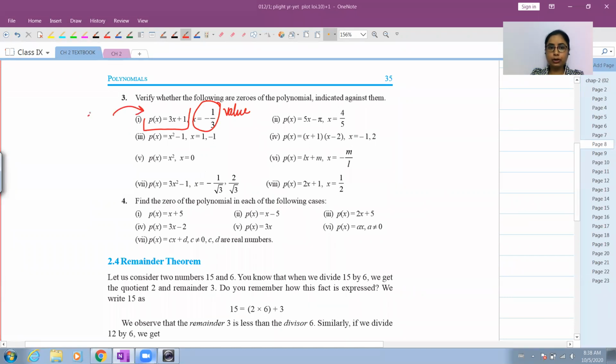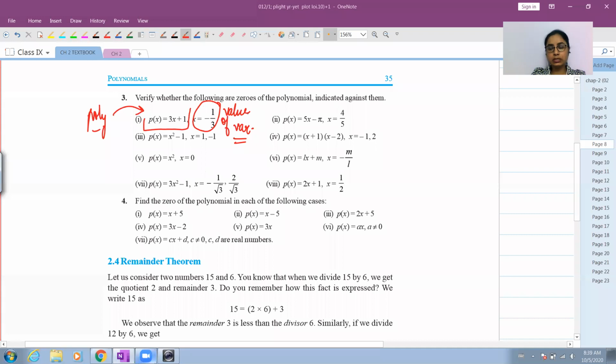So you have the polynomial given to you and you have the value of the variable. You want to verify whether the given value is a zero or not. So what we would do is we will simply replace the variable in the polynomial by the value and the answer should be equal to 0.